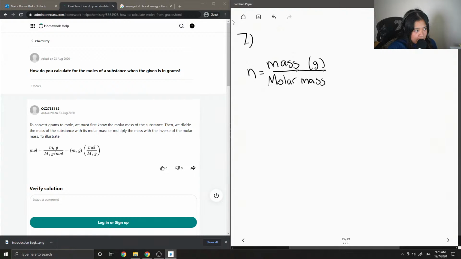Mass is in grams and molar mass is in grams per mole. Molar mass we can find using the periodic table.